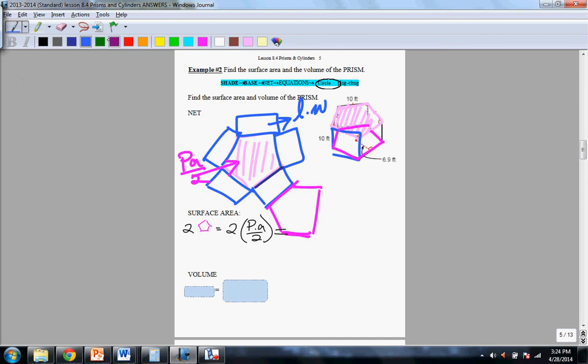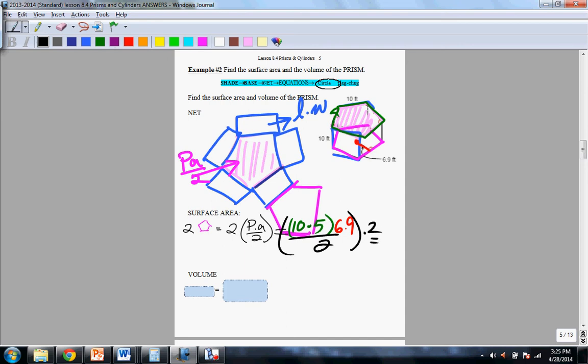So now I'm going to start working what I have here. My perimeter is going to be 10 times 5. My apothem is 6.9 over 2, and then we're timesing by 2.